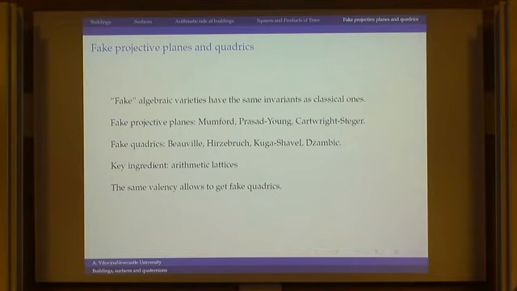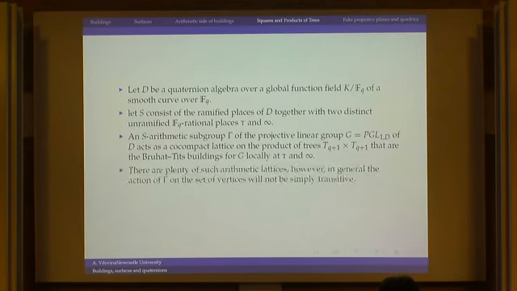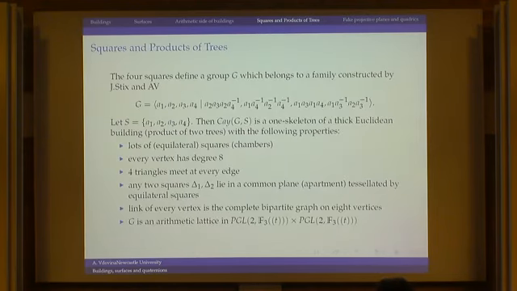The motivation of my collaborator Jakob Stix was to get some kind of fake quadric and, in a way, maybe mimic Mumford's philosophy for fake projective planes to get it for products of trees. But then, indeed, this arithmetic group, which I showed for p equal to 3, right?